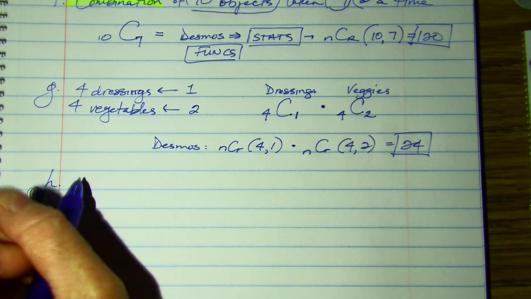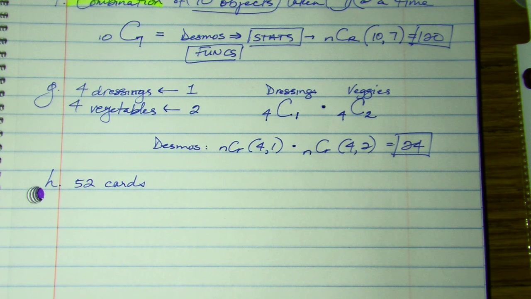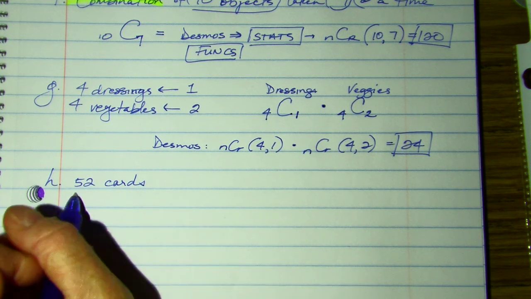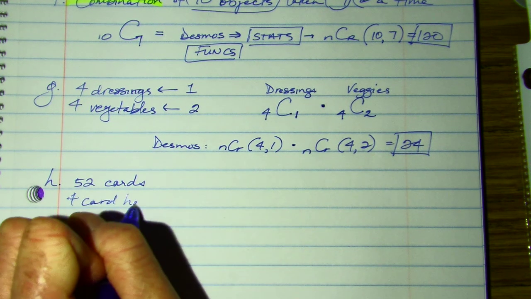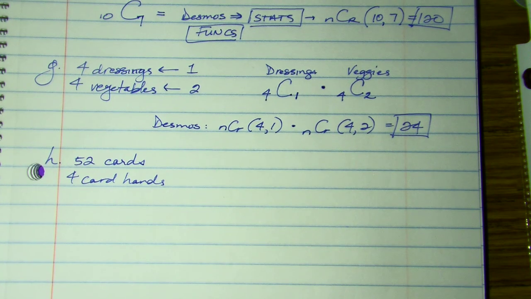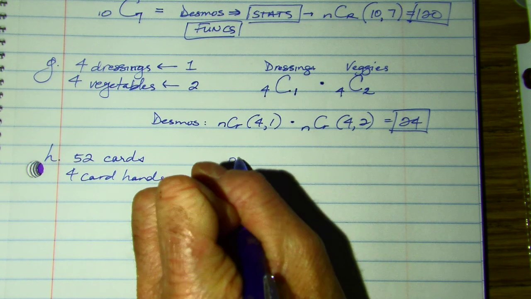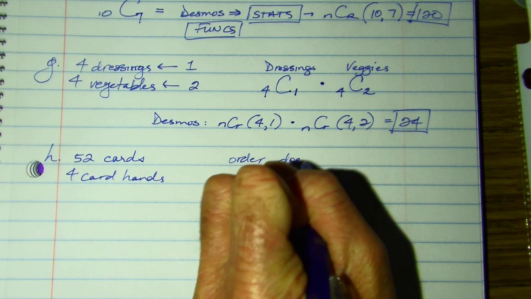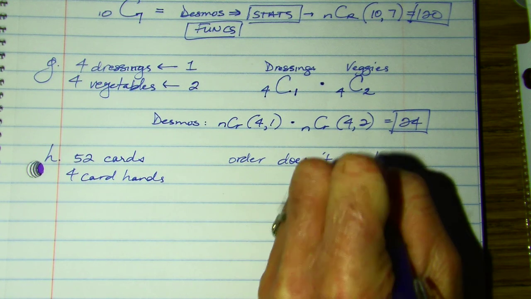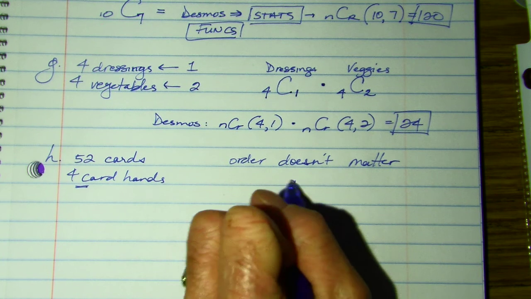H, there are 52 cards in a deck, and it says how many 4-card hands are possible. Now, when I'm playing cards, it doesn't matter what order I draw them in. Like, let's say I pick the king, and then I draw the 10, and then I draw the 4, and then I draw a jack. It doesn't matter what order. So because order doesn't matter, and I also remember it because cards start with a C, I'm using combination.